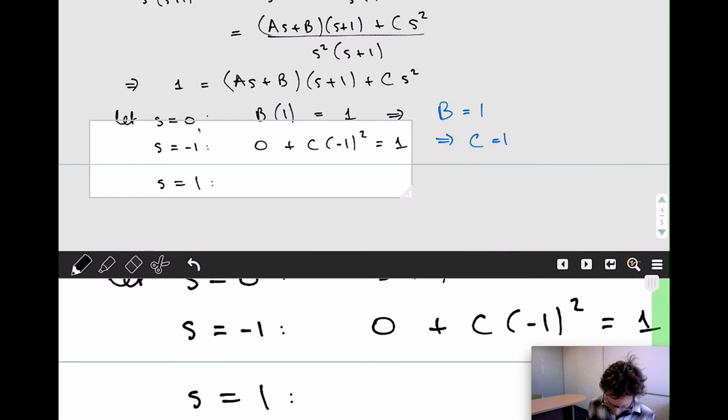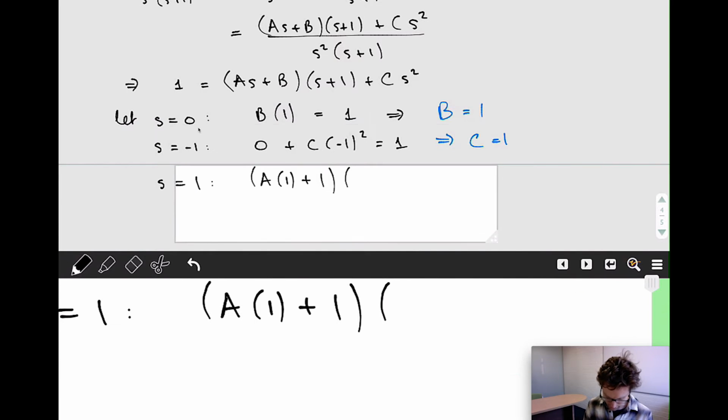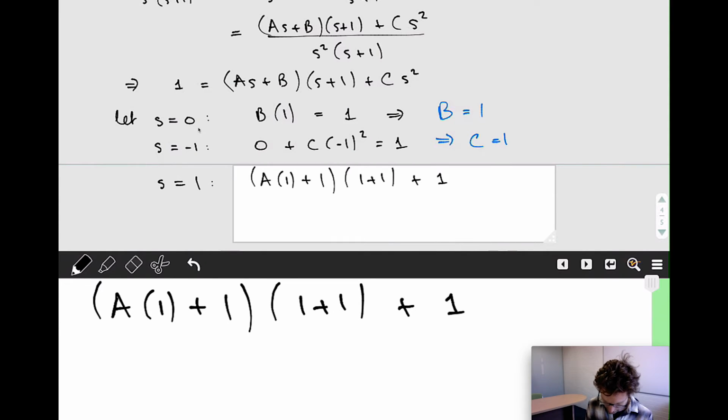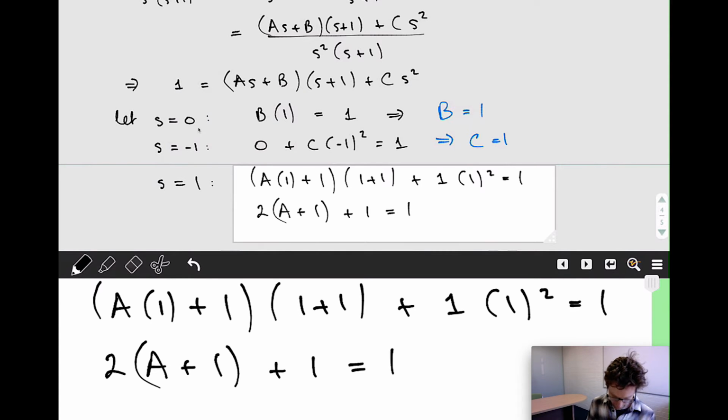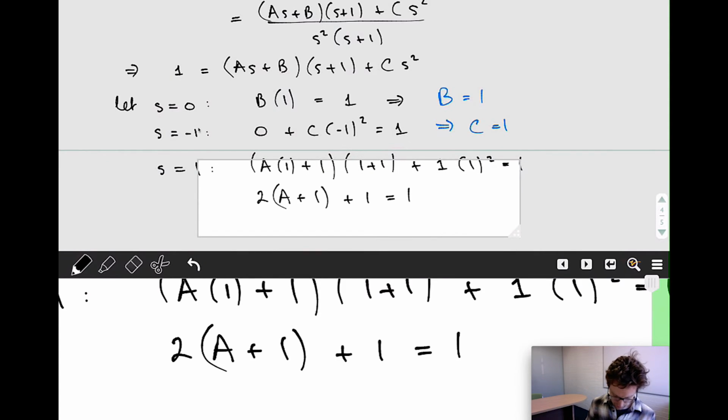So we're going to have (a times s plus b), let's put in the value of b, times (s plus 1), so that's 1 plus 1, plus c, again c we have, so that's 1 times 1 squared is equal to 1. So multiplying that out, I've got (a plus 1) times 2 plus 1 equal to 1. You can see that those 1's are going to cancel.